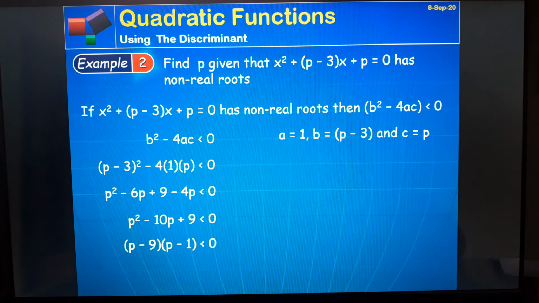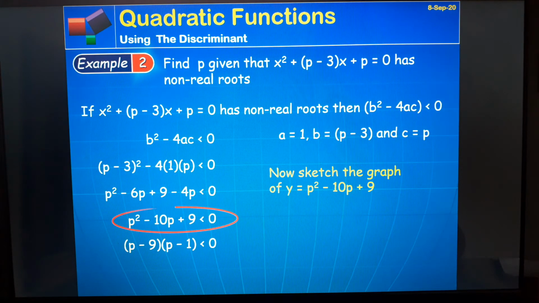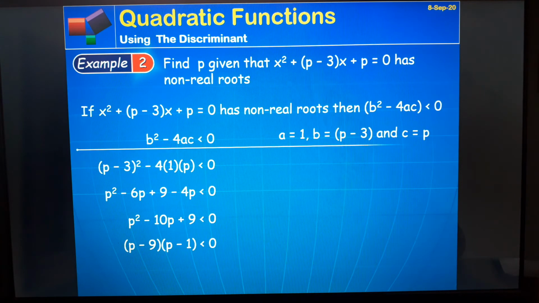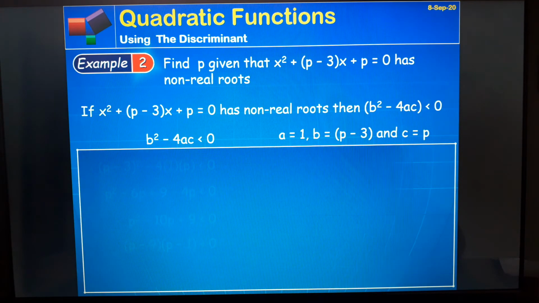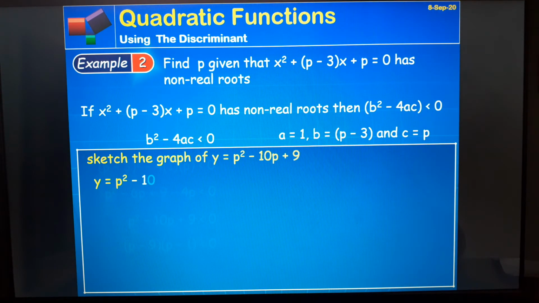So we start to factorise it, and then we would look at the equation which is P squared minus 10P plus 9, we're going to make that equal to 0. Make your brackets equal to 0, so that tells us that P is equal to 9 and P is equal to 1.